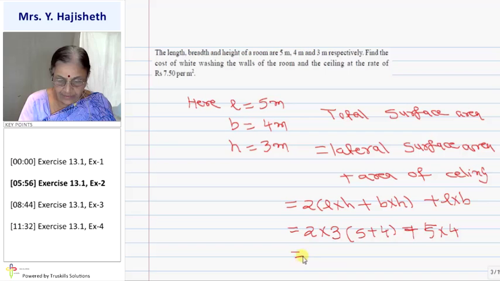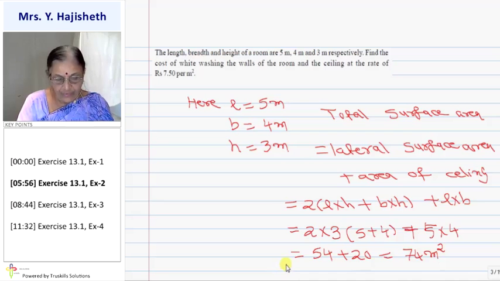So it is 54 plus 20, and that is 74 meters square. This much area for whitewashing.